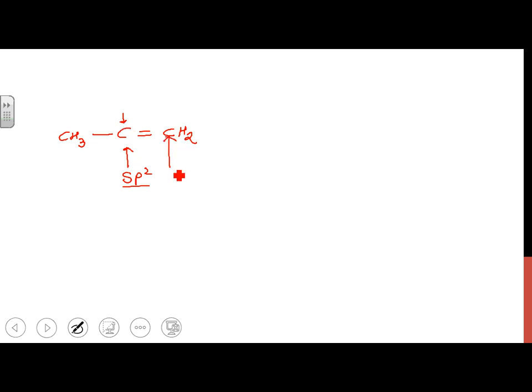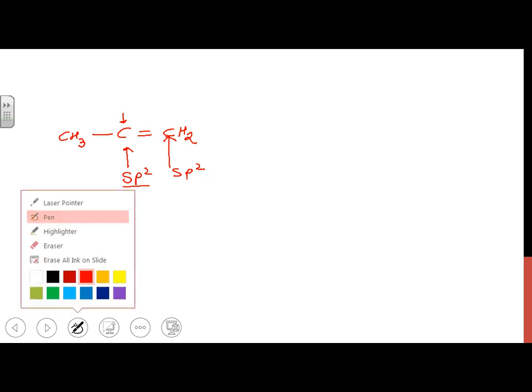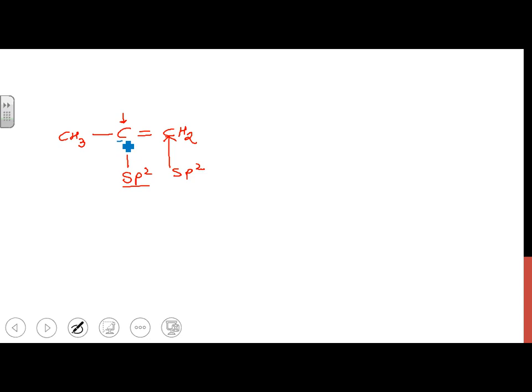This is also sp2 hybridized, because they have a double bond with each other. The carbon next to the double bond is known as alpha carbon. Let me explain. Suppose we have a double bond like this.